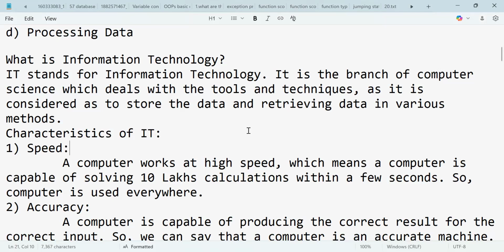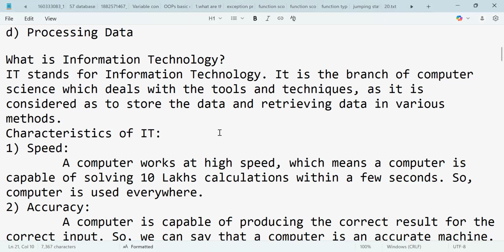So information technology is a branch of computer science that deals with various tools and techniques. There are many characteristics of IT, and IT has different characteristics.